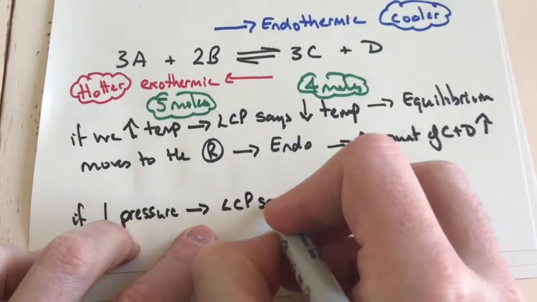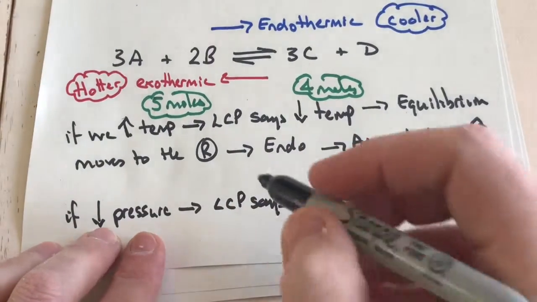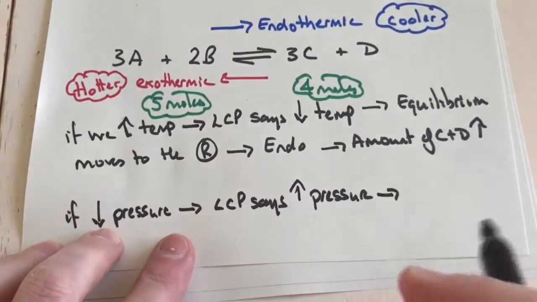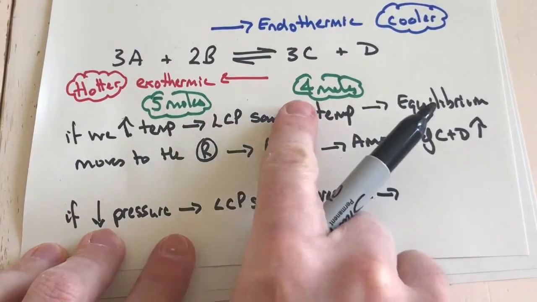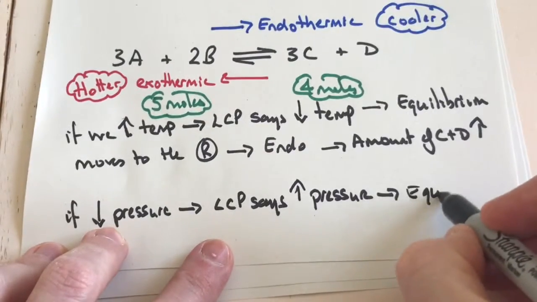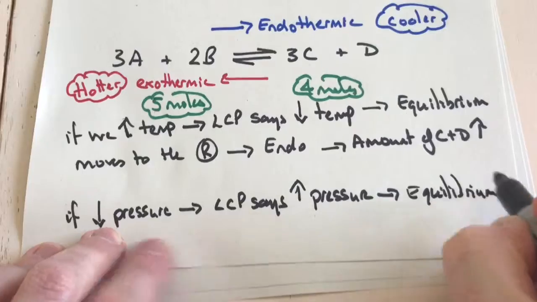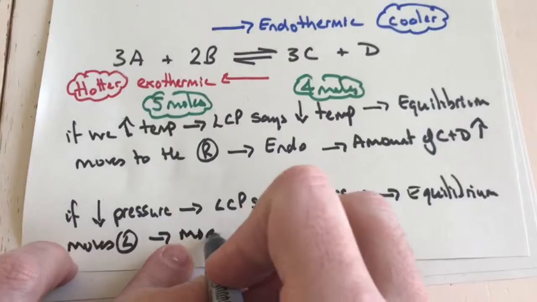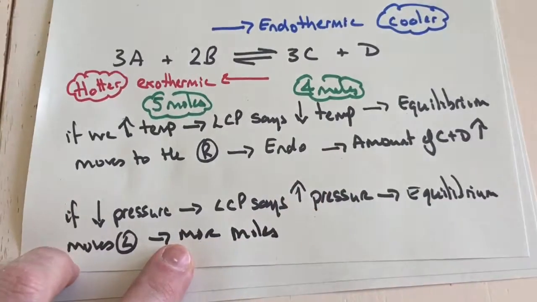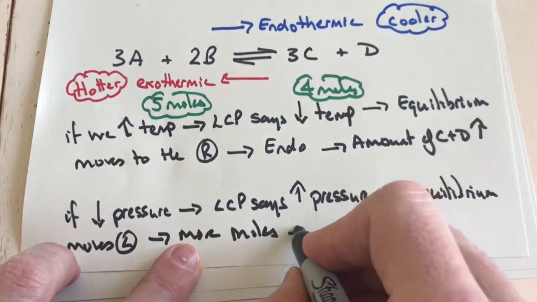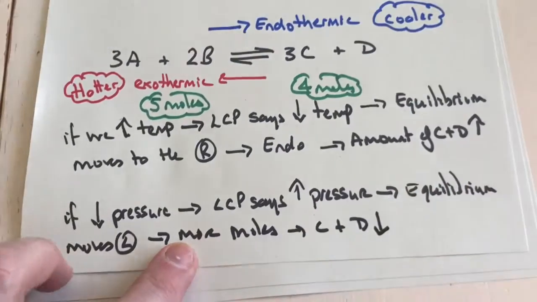Then LCP says the reaction will do the exact opposite, so it's going to try and increase the pressure. To do that, it's going to have to move to the side with more moles, which means the equilibrium moves to the left. Why does it do that? Because there are more moles there. We always have to explain why. And what will happen to the amount of C and D? If it's moving this way, the amount of C and D will decrease.